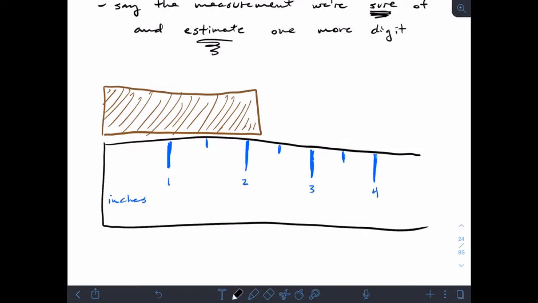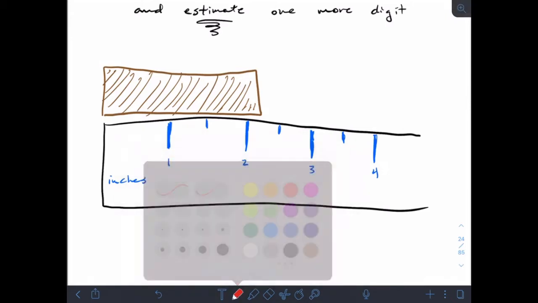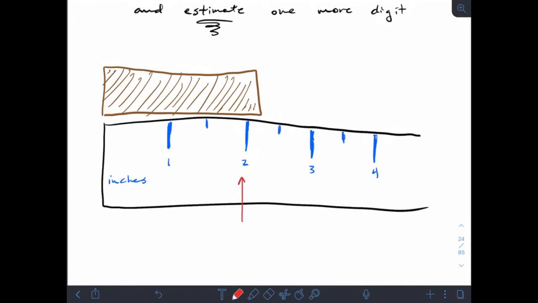Okay, so when we look at this, we've got measurements at 1 inch, 2 inches, 3 inches, 4 inches. And then we can see that there's half-inch marks in there as well. Right, so I know for sure, let's do this in red, I know for sure that we are at least 2 inches.